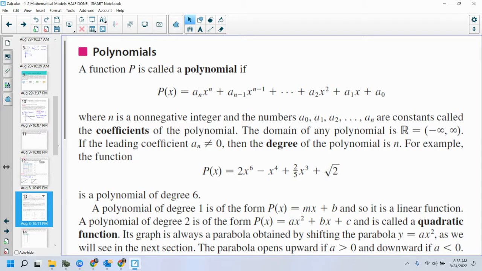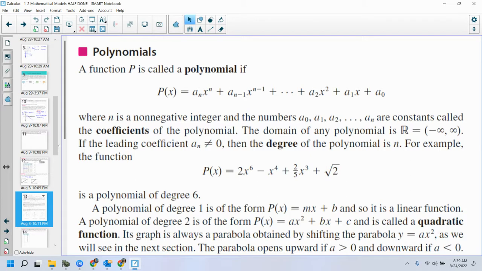And we can have coefficients on those. Those could be really anything that we wanted, though. The coefficients on the variables could be positive, negative, rational, irrational, doesn't really matter. The domain of any polynomial is always all real numbers. The range kind of depends on what the function looks like, what the degree is, whether it's opening upward, downward, whatever it may be. But the domain, I could plug in whatever I wanted.